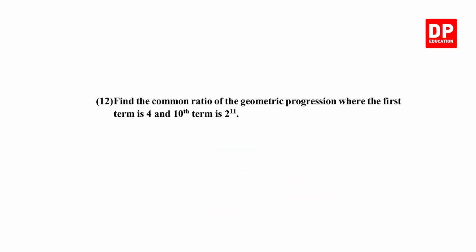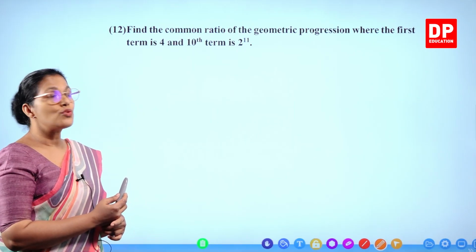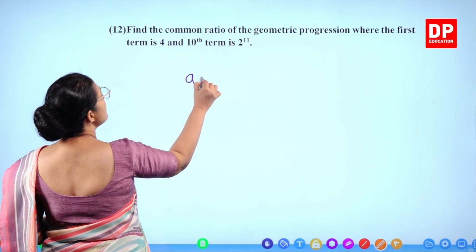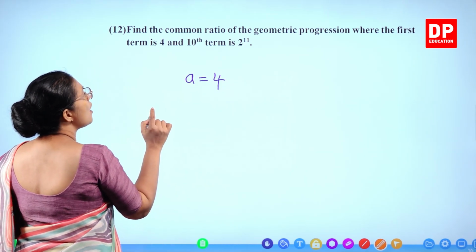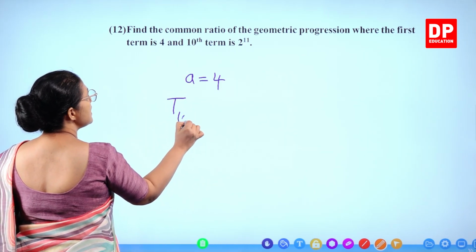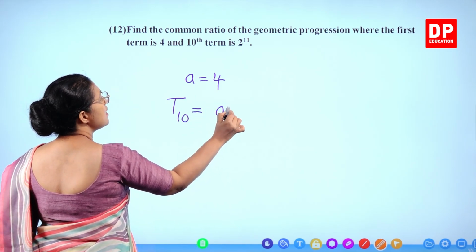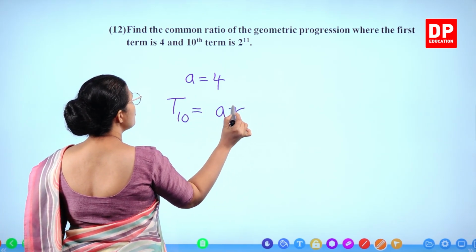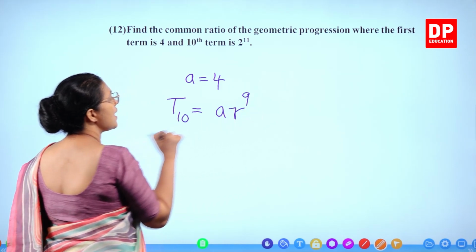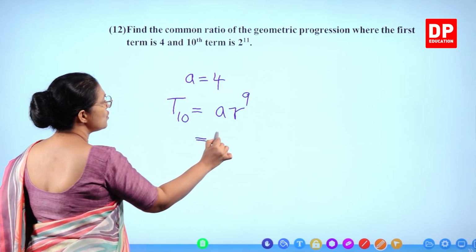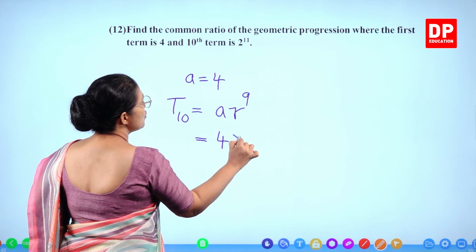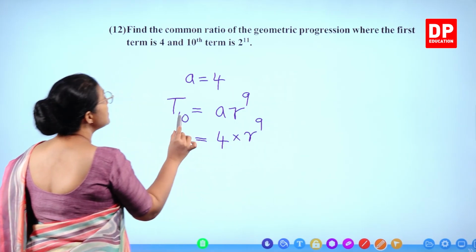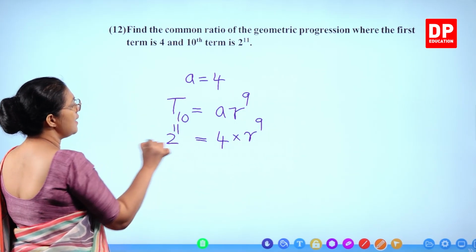Question number 12. Find the common ratio of the geometric progression where the first term is 4 and the 10th term is 2 to the power 11. First term is 4. How do you write down the 10th term? T10. First term and the ratio to the power 10 minus 1. That's 9. Now substitute 4 into r to the power 9 is equal to 2 to the power 11.